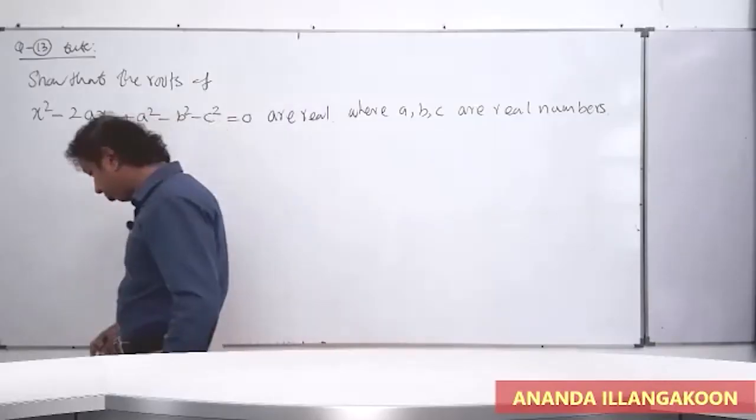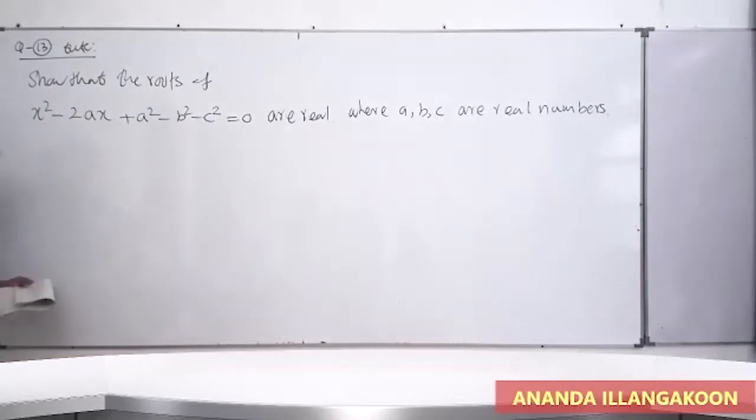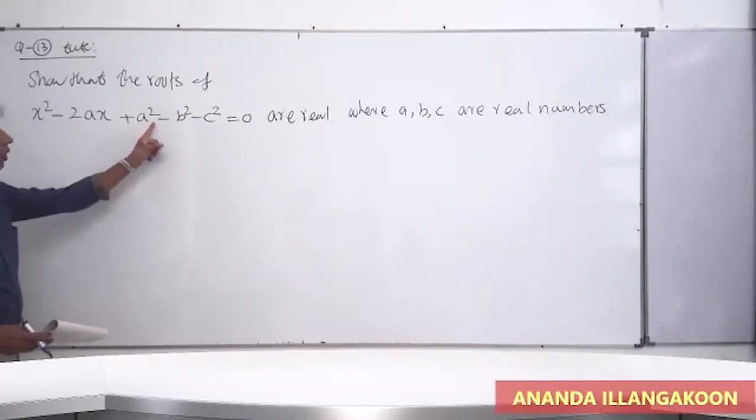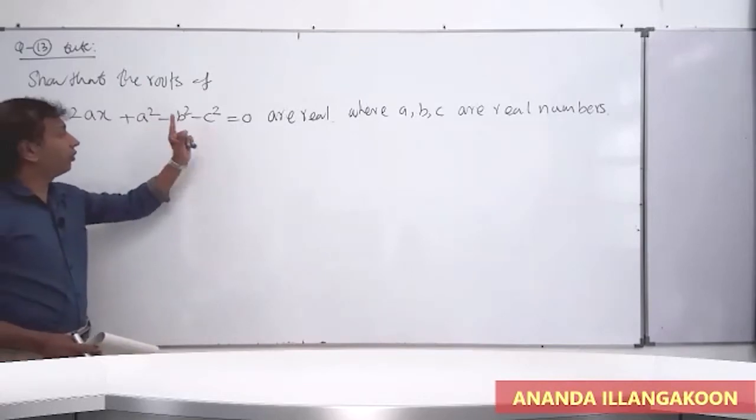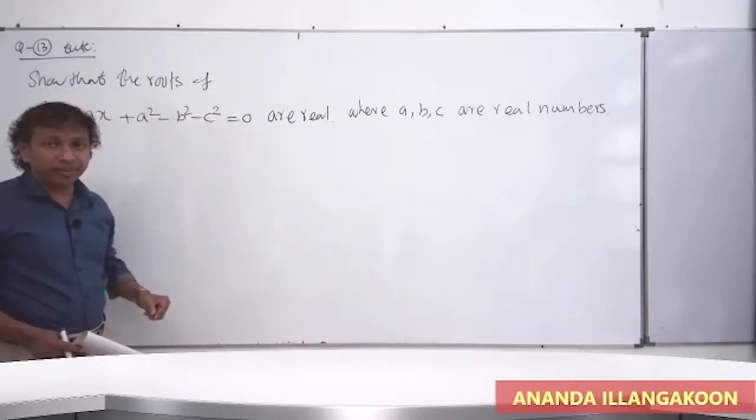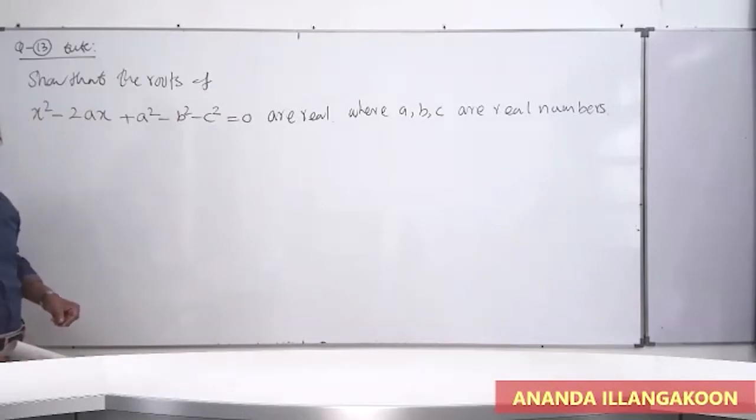This is the question. Show that the roots of x squared minus 2ax plus a squared minus b squared minus c squared equals 0 are real. That's what we have to prove.